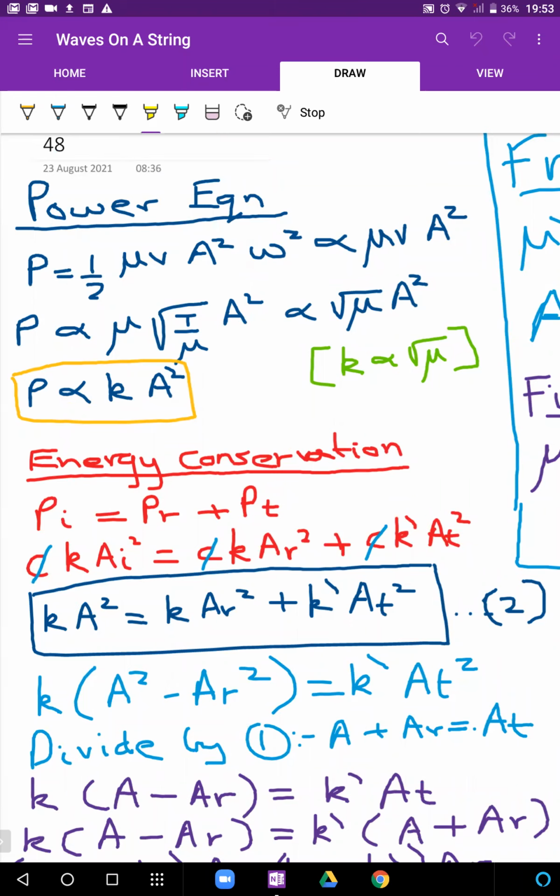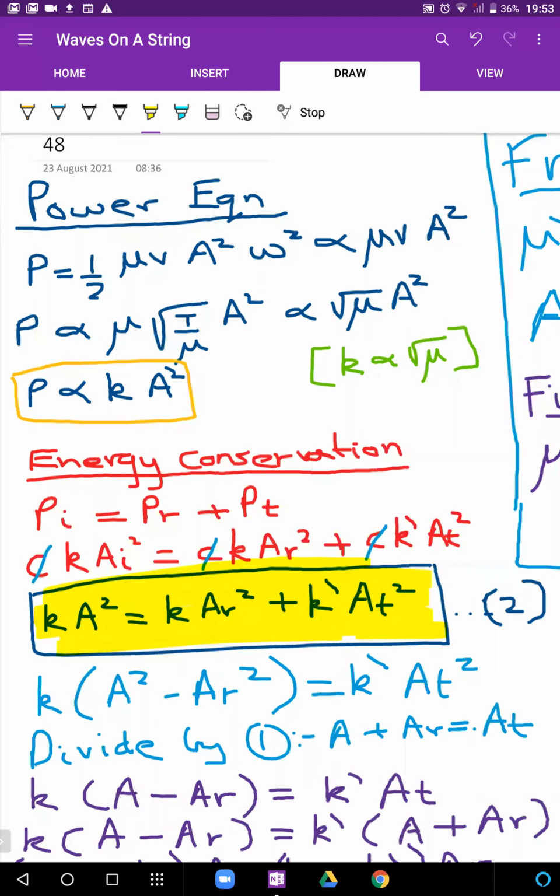Okay, so that is the equation we have finally. Another thing I just did over here was, I replaced A I with A.